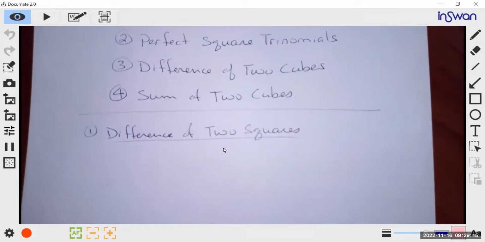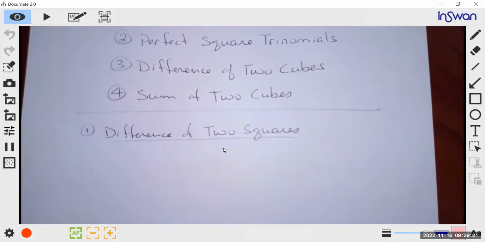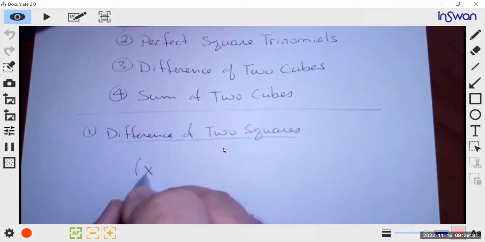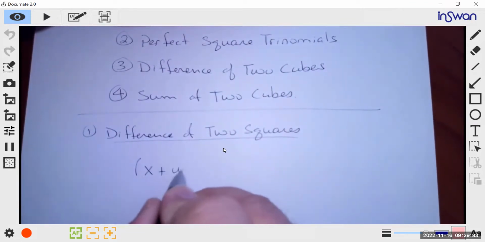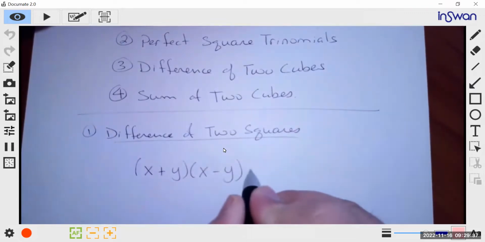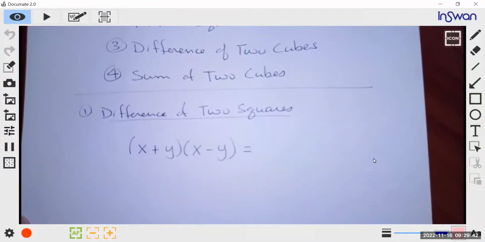In chapter 15, when we multiplied polynomials or binomials together, we were faced with this example.